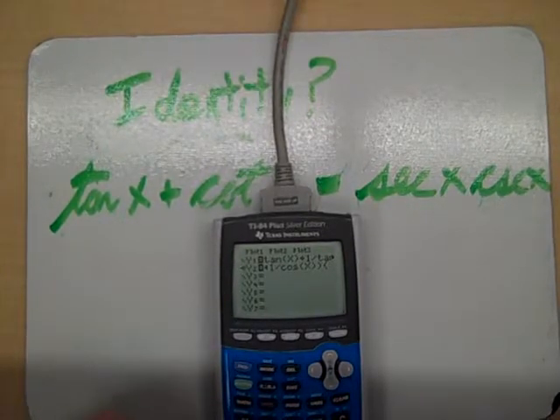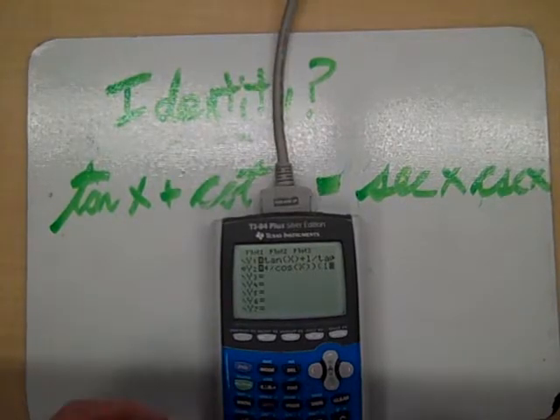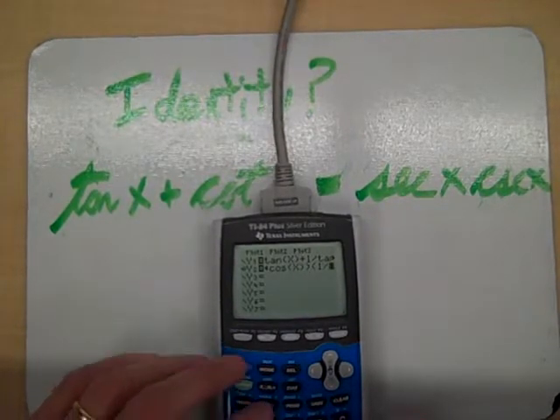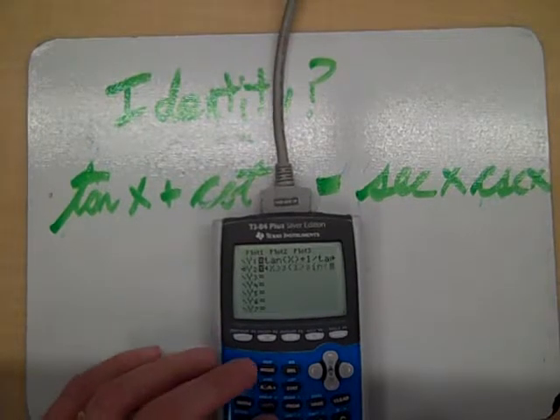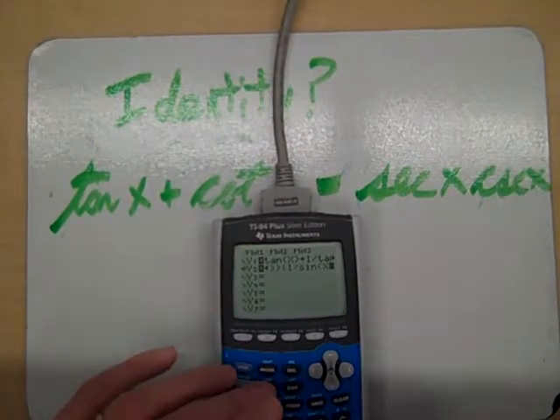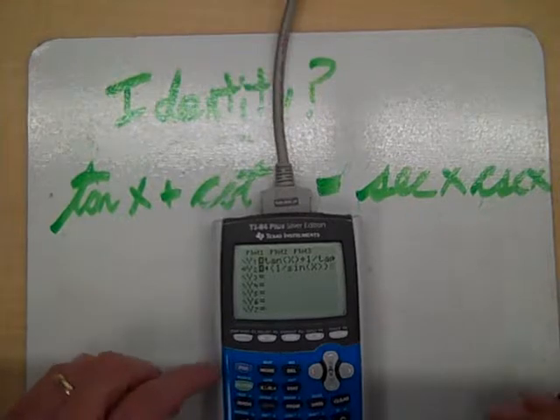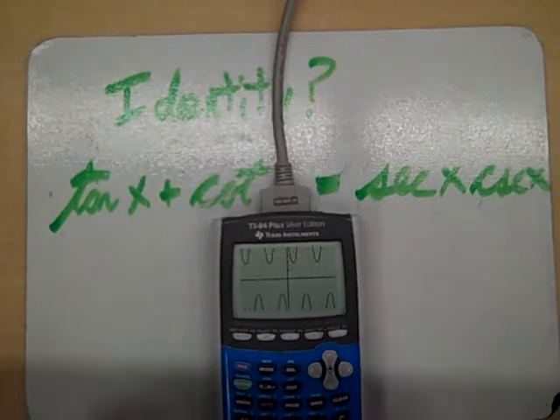That's 1 divided by sine of x, the reciprocal of sine of x. Close that, and let's look at the graph.